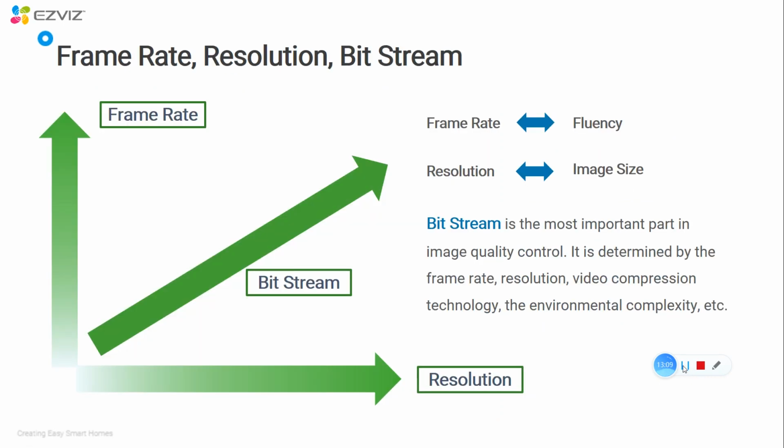There is a close relationship between frame rate, resolution, and bitstream. As can be seen from this figure, the three of them are proportional to each other. As frame rate and resolution increase, the bitstream will increase as well.